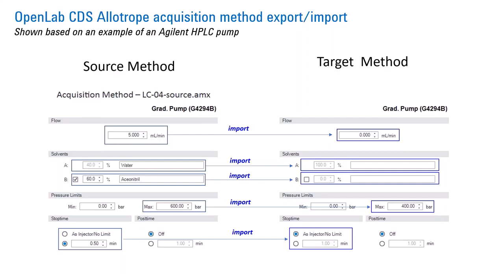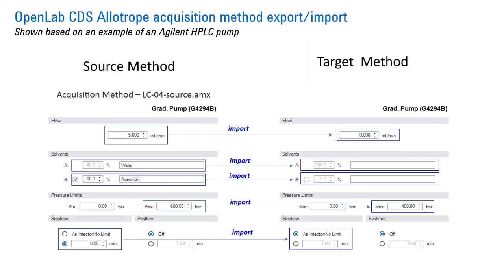So for the pump, this is, for instance, the flow, the solvent, the composition, the solvent names, the pressure limit, and the runtime of the analysis. And I will show you how to export this into ADF, being uploaded to ZONTAL space, download this, and then import that into the target method.